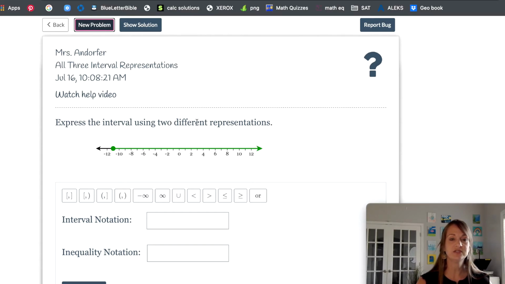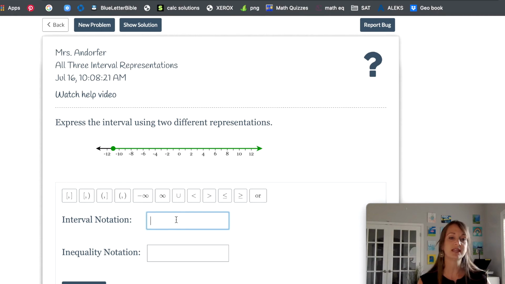Express the interval using two different representations. In this case, we are looking for all the values of x that are greater than or equal to, I believe, negative 11, because it is a closed circle and it is representing everything to the right of that.